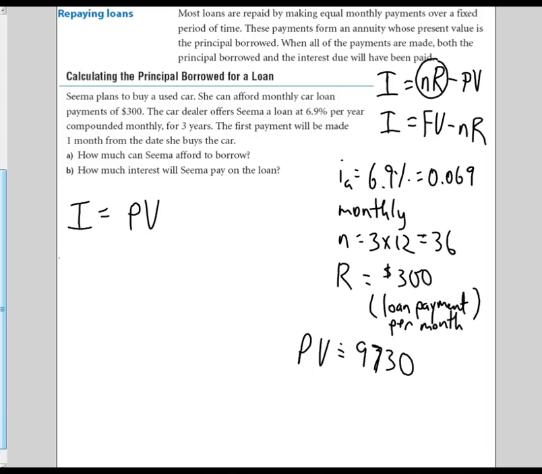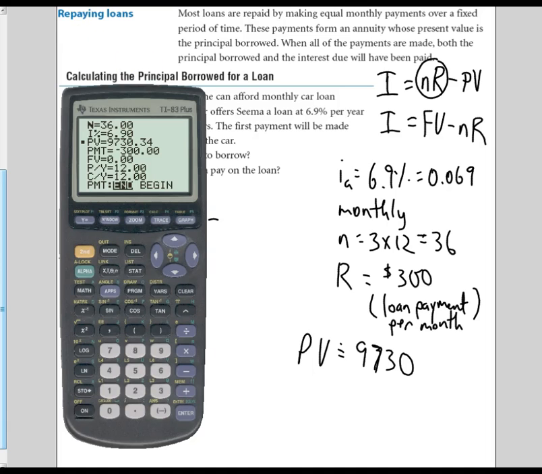interest. But here we're going to have paid out 36 times, and each time we would have paid out $300, and that's going to be greater than the principal amount borrowed, which was $9,730.34.